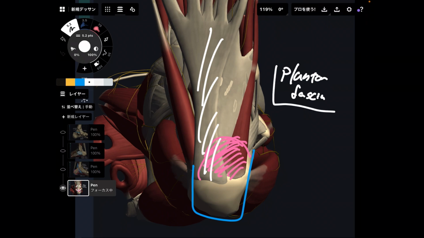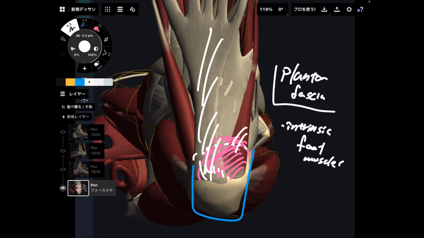This fascia attaches to the calcaneus, and there are a lot of foot muscles attaching around it. They are just numerous, so I say intrinsic foot muscles. Intrinsic foot muscles attach to the calcaneus.